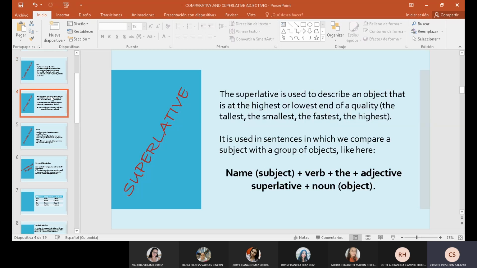Superlatives. The superlative is used to describe an object that is at the highest or lowest end of a quality. The tallest, the smallest, the fastest, the highest. It is used in sentences in which we compare a subject with a group of objects, like here.